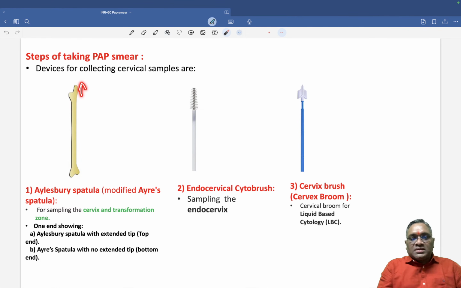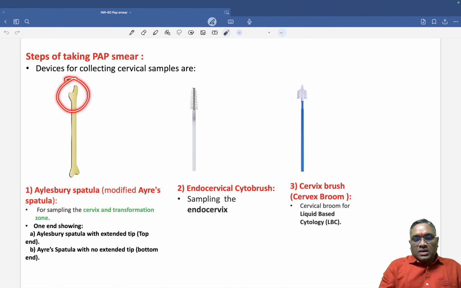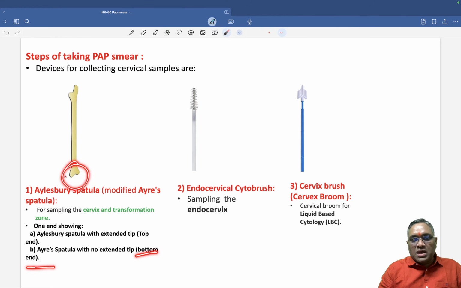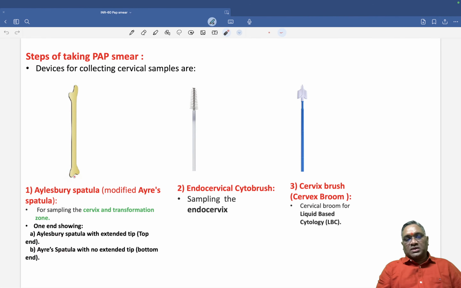That extension means Aylesbury spatula. Whereas with the Ayers spatula, there is no extension; the bottom end has no extended tip. When you find an extended tip, that is Aylesbury. When you find no extended tip, that is called Ayers spatula. So this is the modified form, because both are present in it.